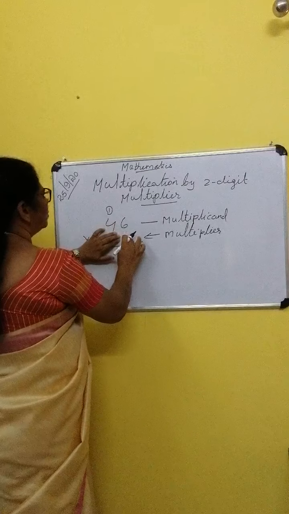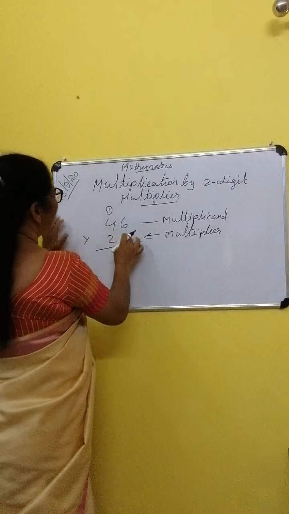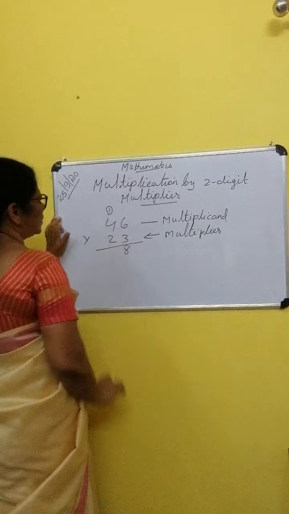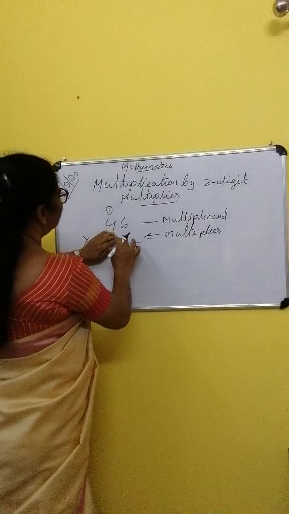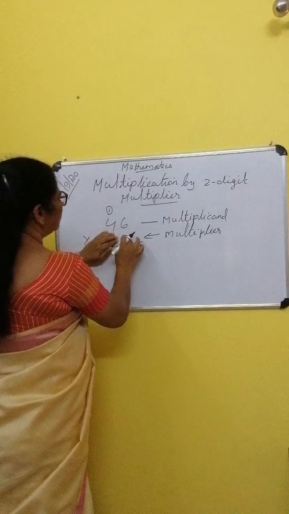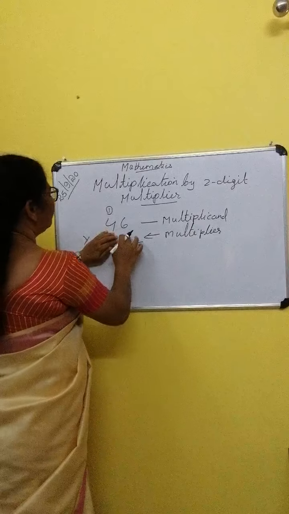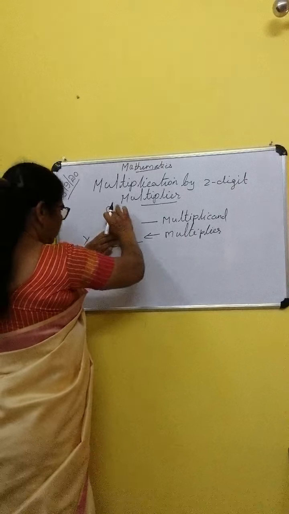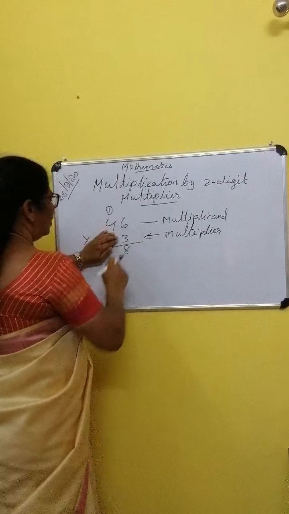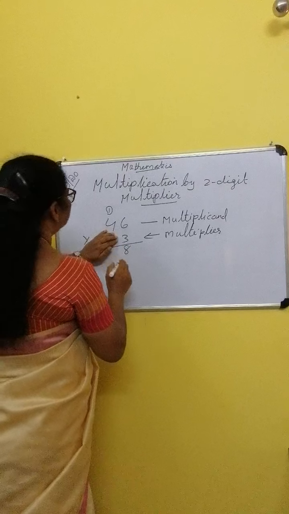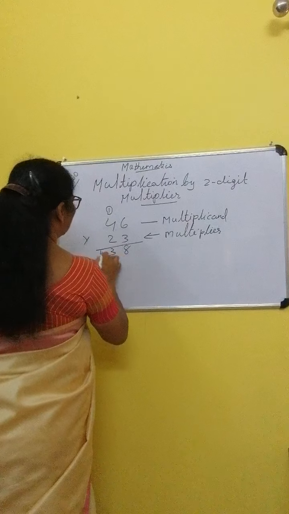Then 3 4s. Some are doing 3 6s and 2 4s like that. So you multiply these two digits by this 3 itself. 3 4s are 12 plus 1, add this remainder, 13.